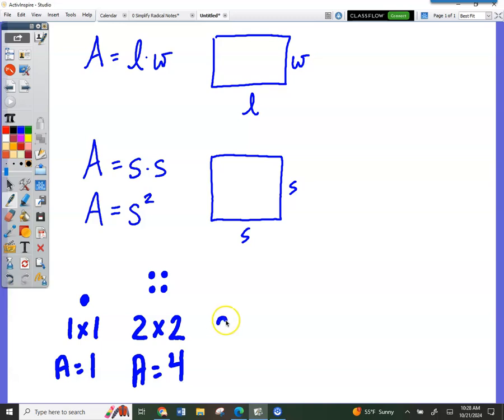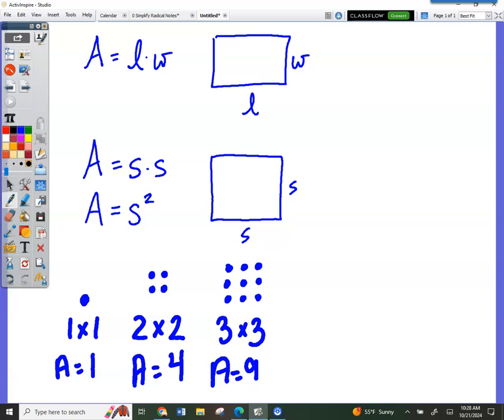Now let's do a 3 by 3. 3 columns, 3 rows. What is the area of a 3 by 3? 9. Why? Because there's 9 dots. There's also 3 times 3 has an area of 9.